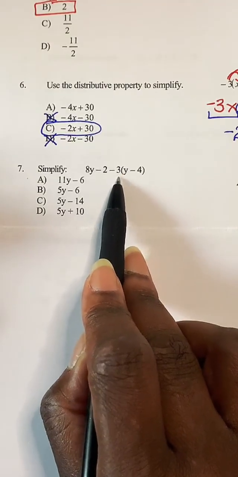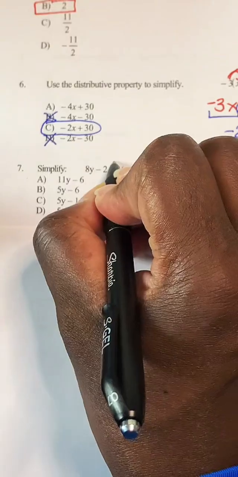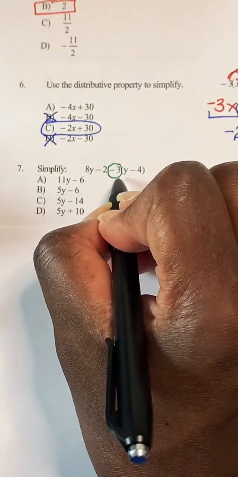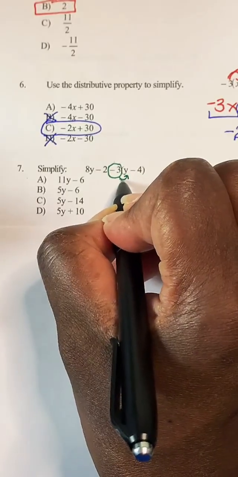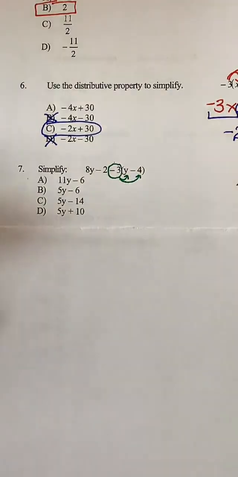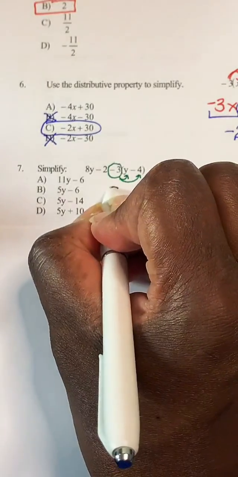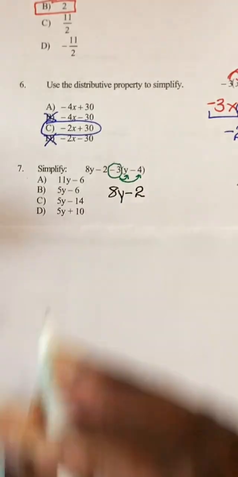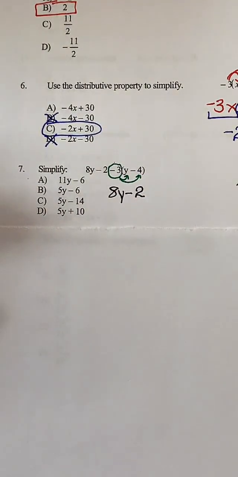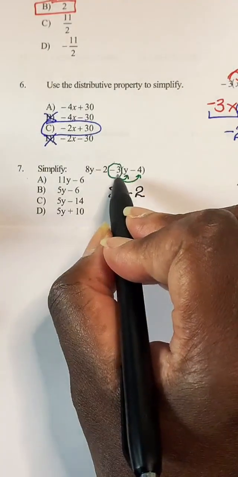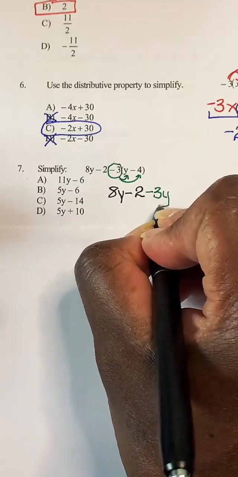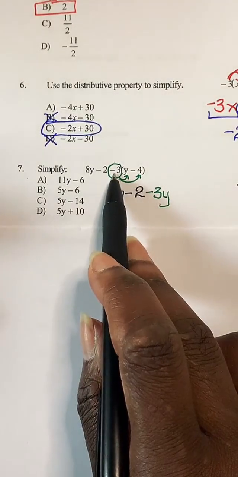We don't have any exponents. So boom, that's gone. Now from left to right, I'm looking at multiplication. So I'm starting here. That's subtraction. That's subtraction. Oh, but we got this multiplication. Let's kill two birds with one stone. Let's take that -3 and distribute it to everything inside that parenthesis.